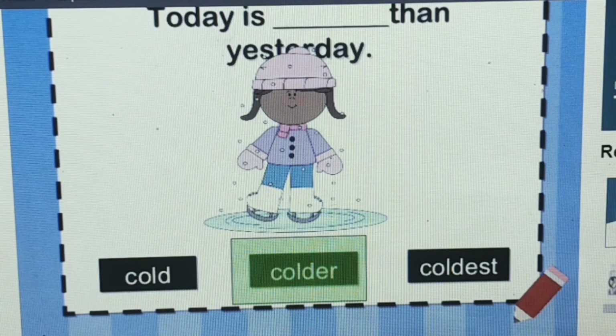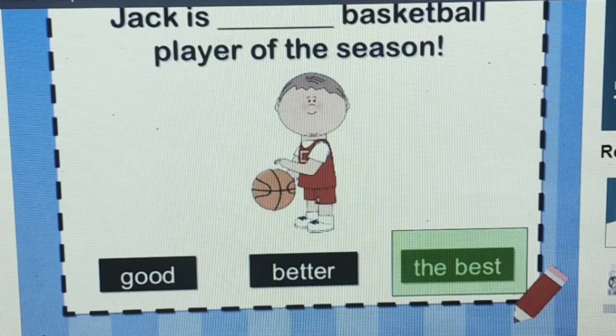Answer is colder. Comparative degree. Jack is dash basketball player of the season. The best is the answer. Superlative degree.